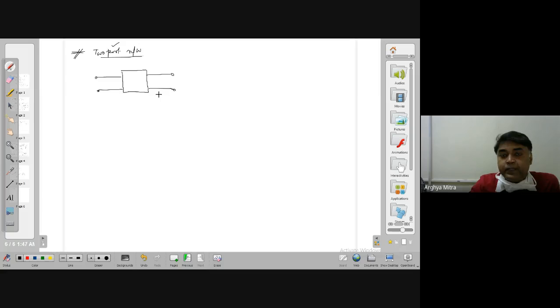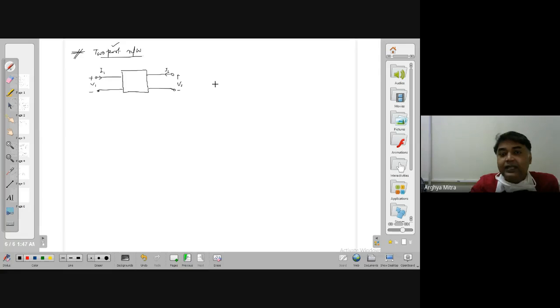So how is the electrical network port represented? I have some V1, I1 here, and some V2, I2 here. Out of these four variables, consider that two are independent in nature and two are dependent on those independent variables.